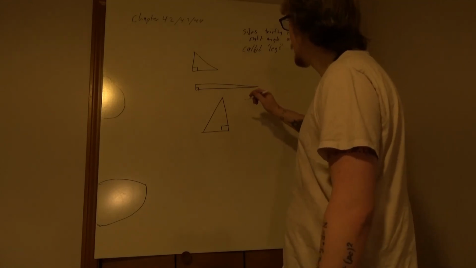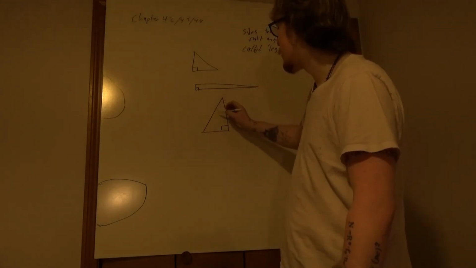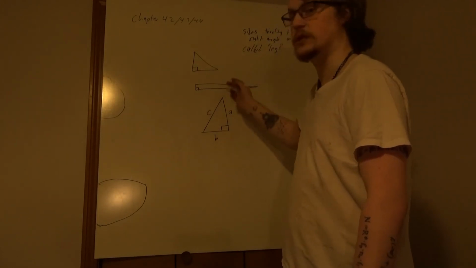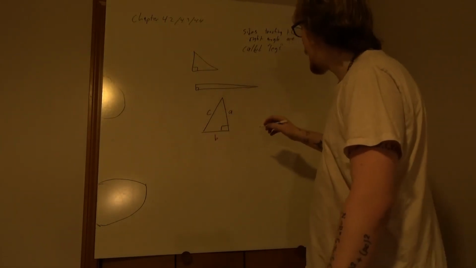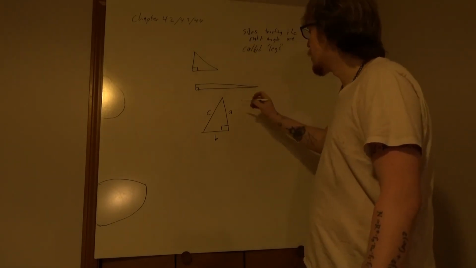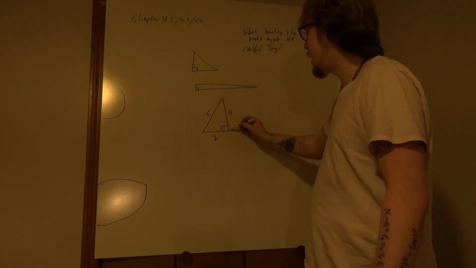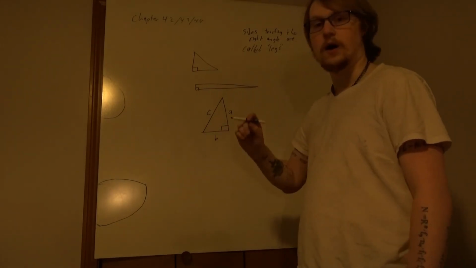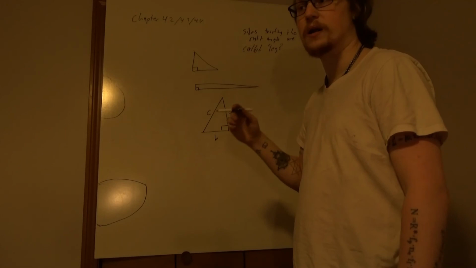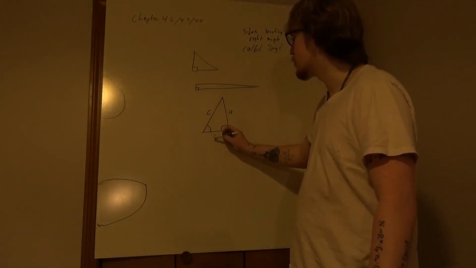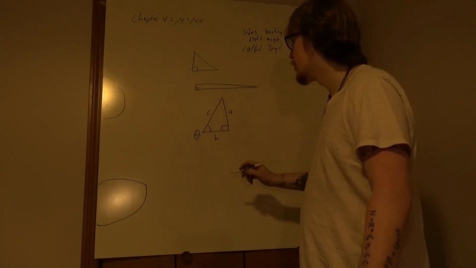If we take this one, for example, with A, B, and C, where C is always the hypotenuse, then the ratio of this side to this side is not always the same, but it is directly related to this angle. Again, I'm going to call this angle theta.